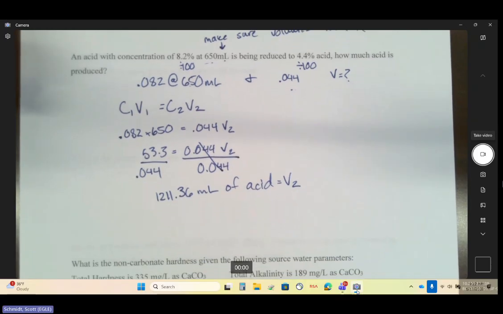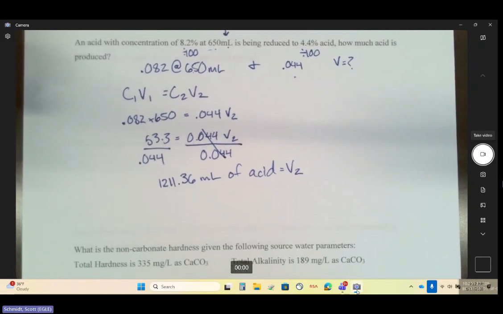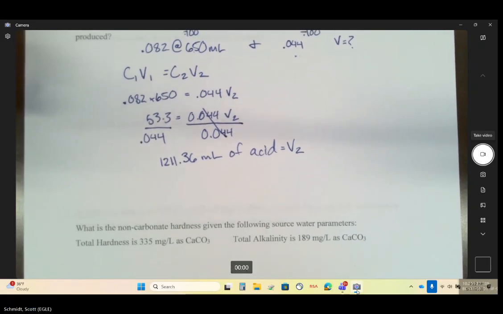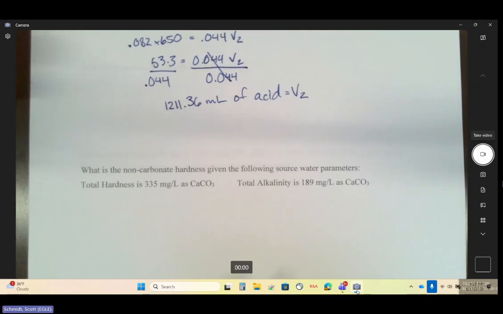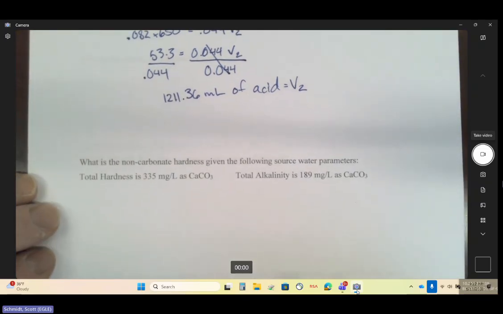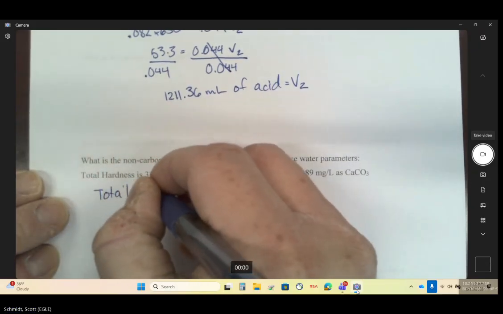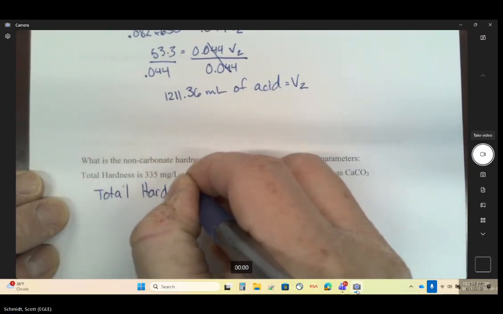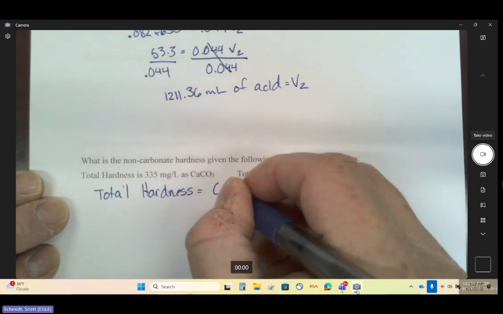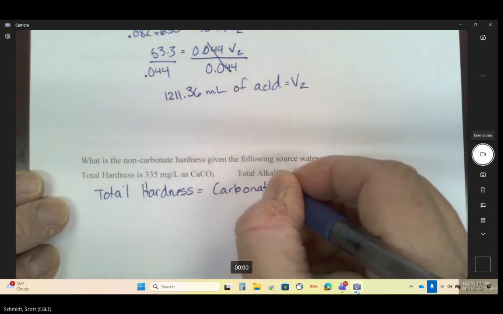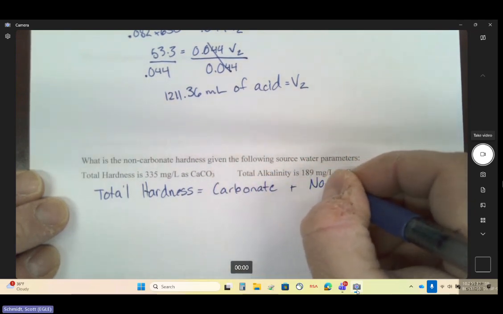Now the next one is a softening type of question. What is the carbonate hardness, or what is the non-carbonate hardness given the following water parameters? Well, first off, total hardness equals carbonate plus non-carbonate hardness.